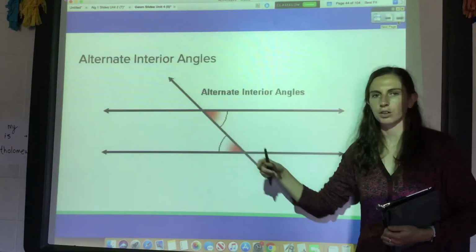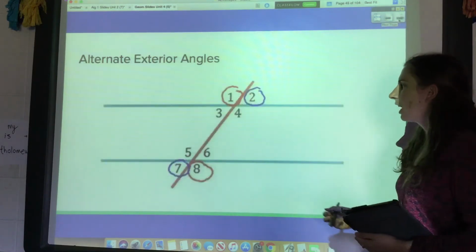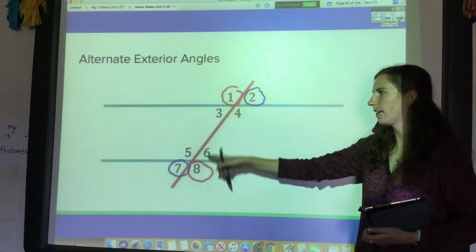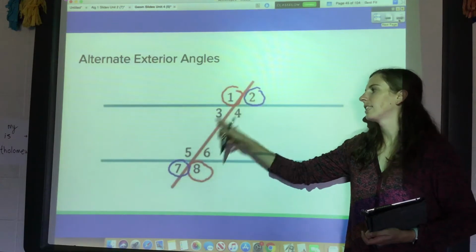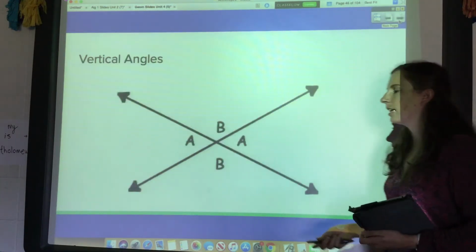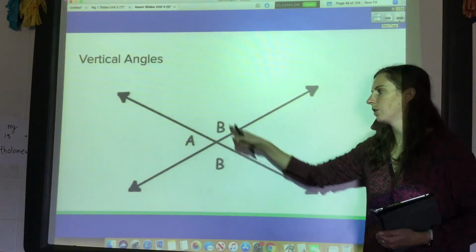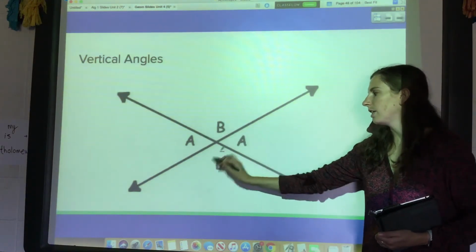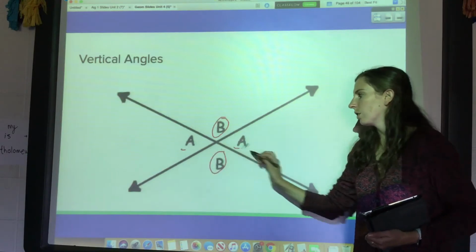Those are also congruent. If we've got on the outside here, those are alternate exterior angles. Those are congruent. And then, like we've mentioned before, you've got vertical angles that are across from each other. So these two are congruent, and these two are congruent.